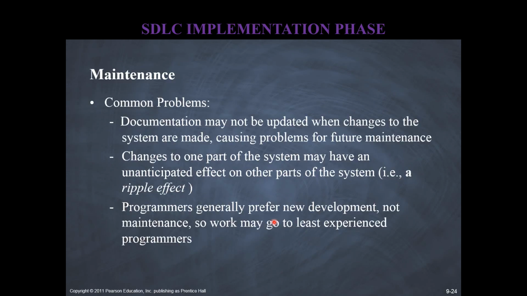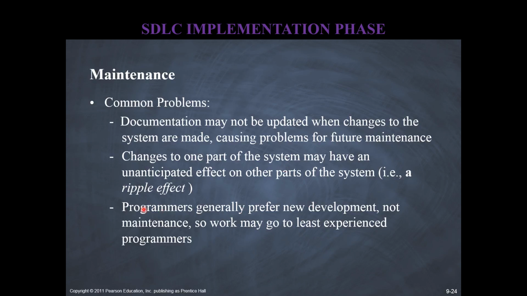Some of the common problems during the maintenance phase: first of all, documentation is not available, so nobody knows for sure why the system operates in a certain way. Another important problem is that changes to one part of the system, because of the inherent ignorance of the people who operate the system about the entire architecture, sometimes cascade and create a ripple effect, leading to problems in other areas of the information system.